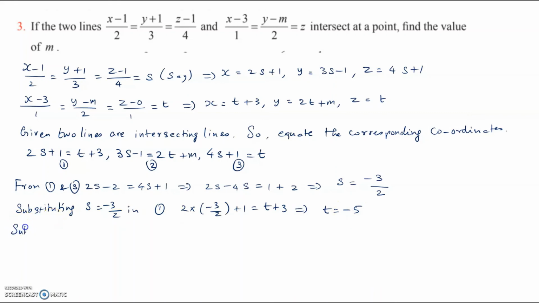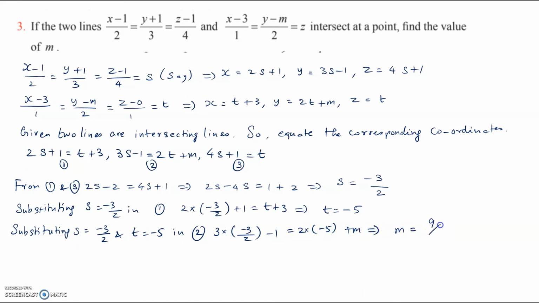Further, substituting s is equal to minus 3 by 2 and t is equal to minus 5 in equation 2, we can derive 3 into minus 3 by 2 minus 1 is equal to 2 times minus 5 plus m. If we simplify this, we can find our m is equal to 9 by 2, hence the result.